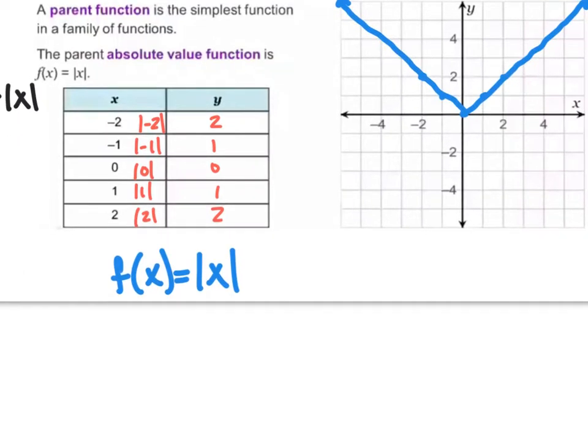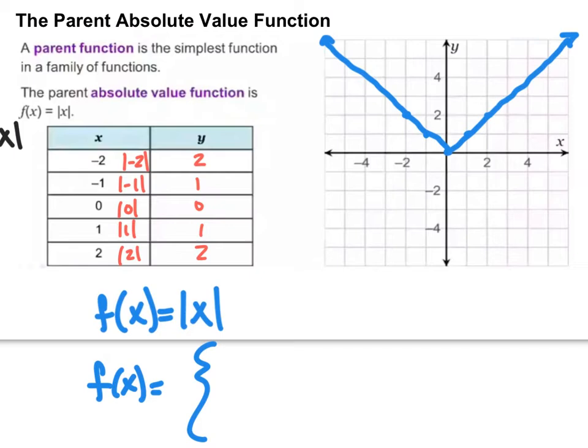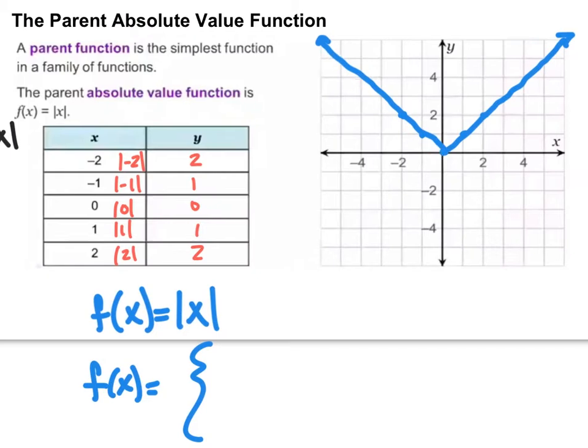We can define it as a piecewise function, and we can say f of x is equal to this. This graph here is the graph of negative x, and that exists when x is less than 0.